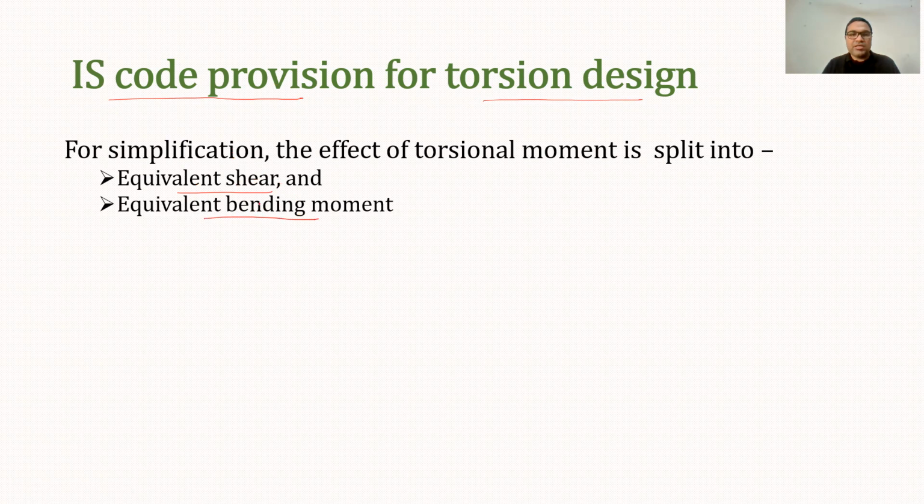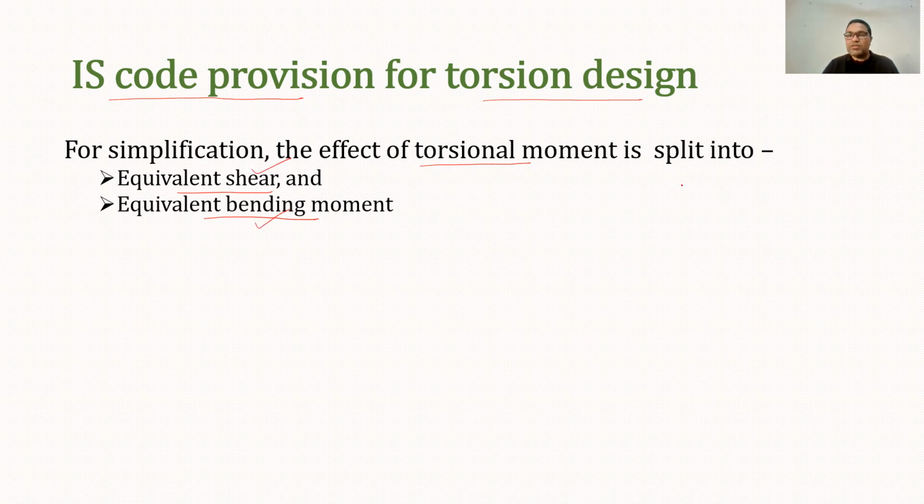Basically, the equivalent shear and equivalent bending moment are for simplification. What we do is we add the effect of torsional moment into two parts, one along with the function of shear and one along with the function of bending moment.